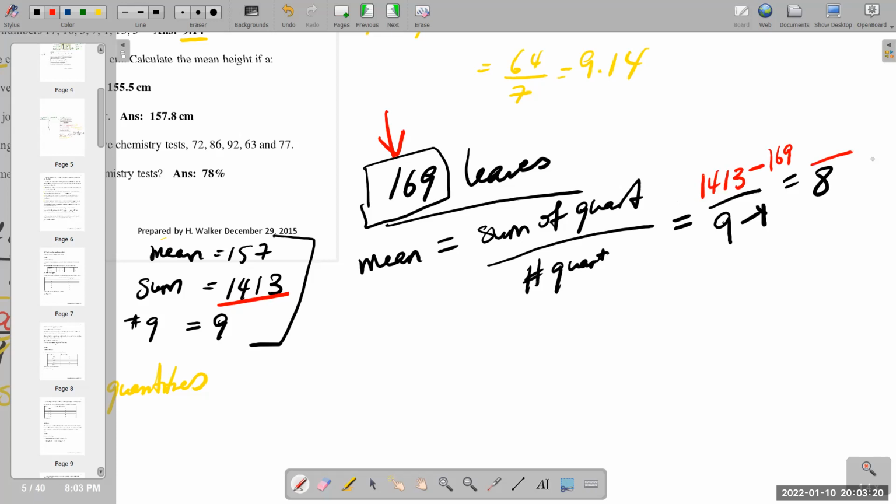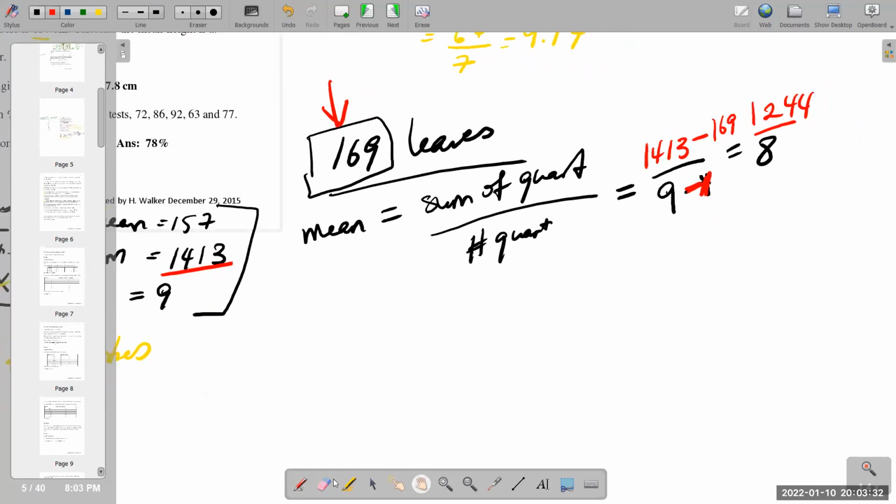What is the new sum that we have? I should write minus 1 in red so we could all see. 1244. Somebody divide that and tell me what we get. 155.5. Let's see if that's correct.